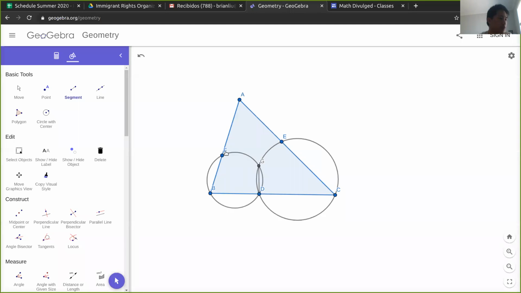in order to show that G lies on the same circle, we want to relate the angle EGF to the angle FAE.